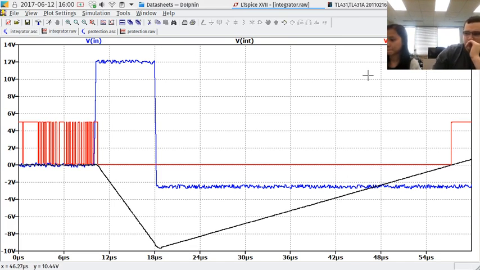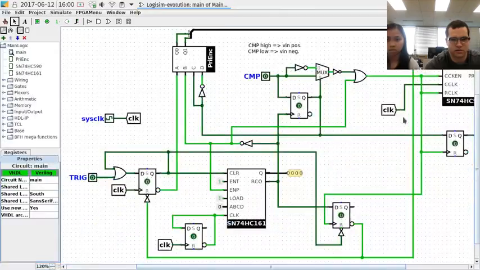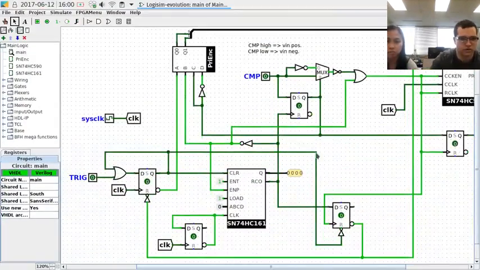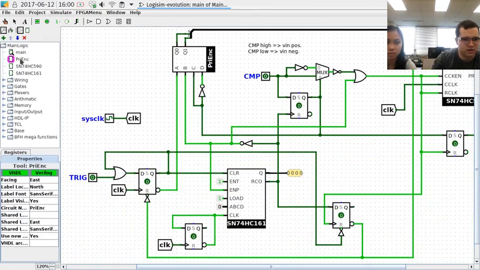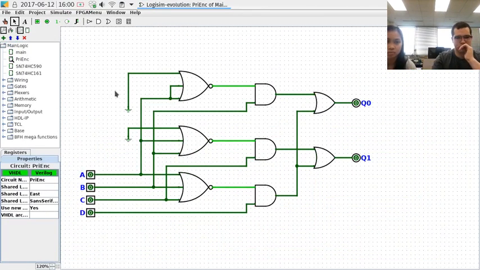Okay, next we're going to discuss the priority encoder, which is a small logic section. The priority encoder is just a small little area of logic. Its only purpose is to take 4 switch states, essentially.